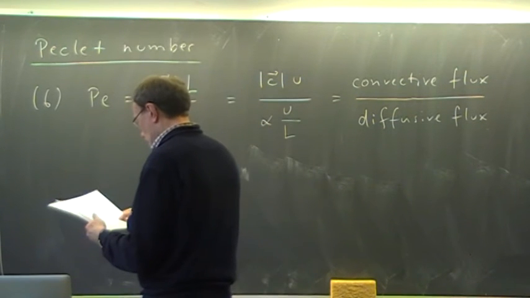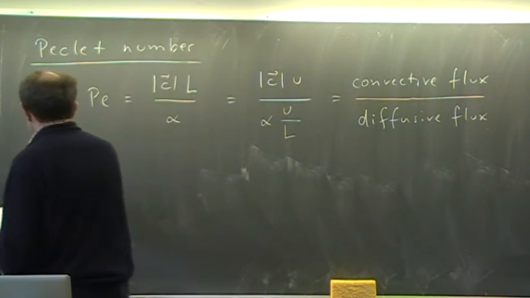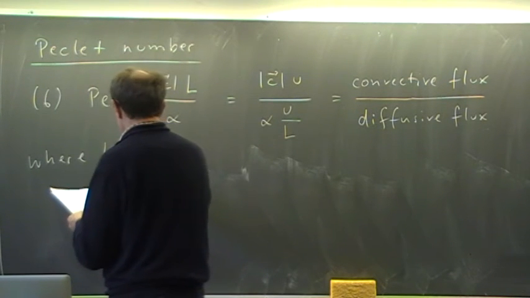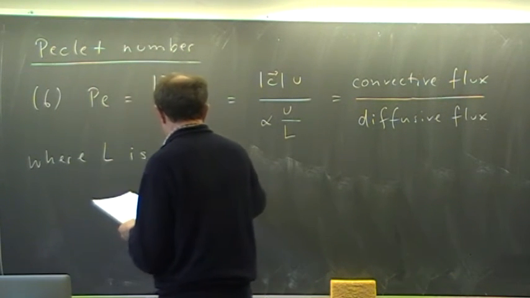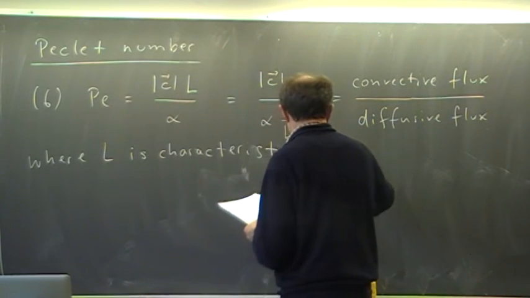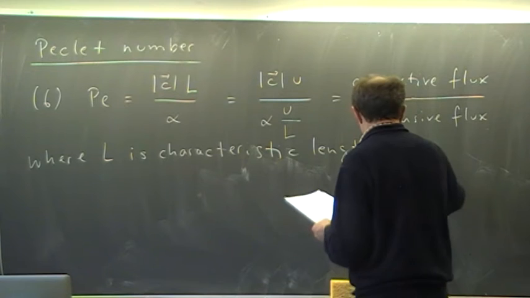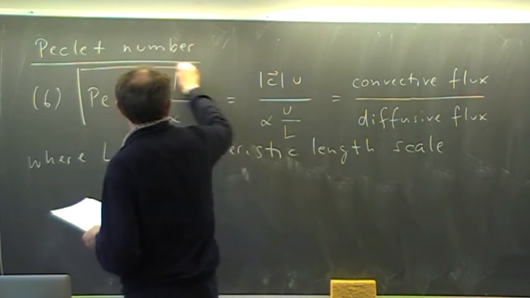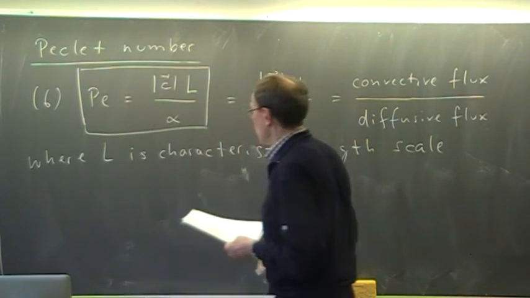But they just say what L is, where L is a characteristic length scale. So there is a definition here of the number.